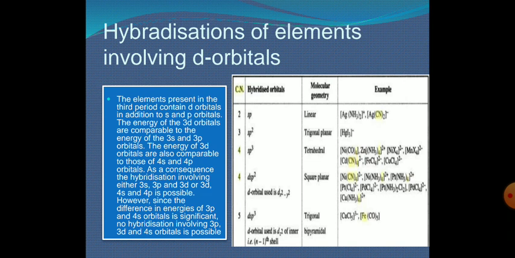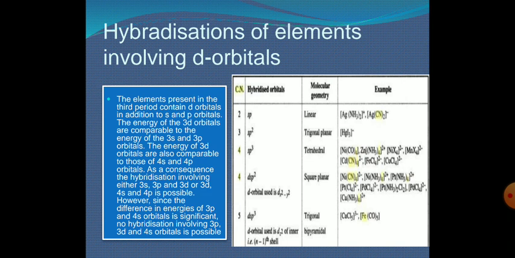You will notice here some examples in which the molecular geometry and the hybridized orbitals are mentioned, such as sp, sp2, sp3 or dsp2.